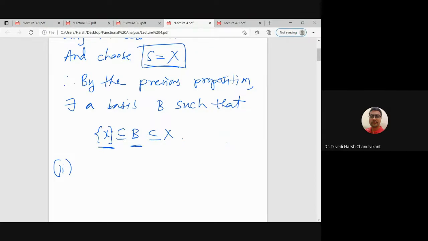Again, we are not saying that the basis is unique. We are only saying that there exists a basis. In general, there can be more than one basis in the infinite dimensional case, and we are not explicitly saying what the basis is. So this is an existential result. It doesn't give the basis.